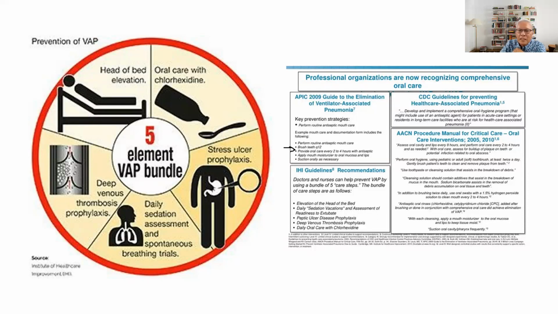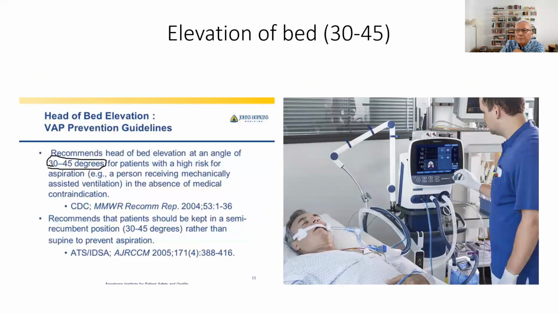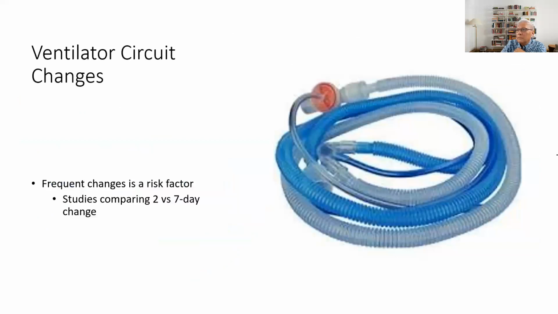Okay. And lastly, there has been a change in the routine of changing ventilator circuits. We used to do it every day, and then they changed it to every other day.